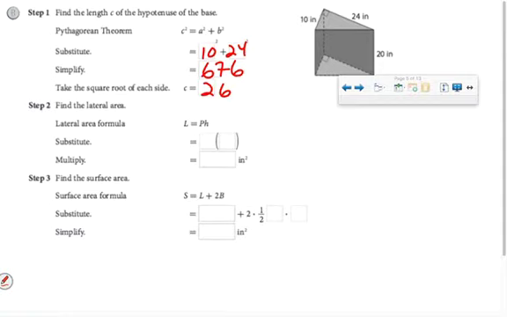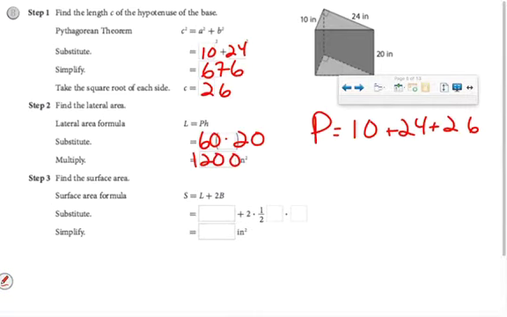So the perimeter of my base is 10 plus 24 plus 26, so that's 60, times the height of my prism, which is 20, so L is 1200.